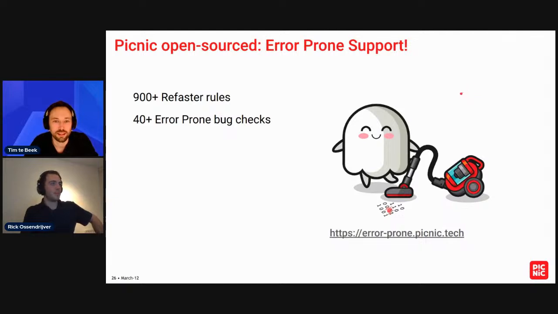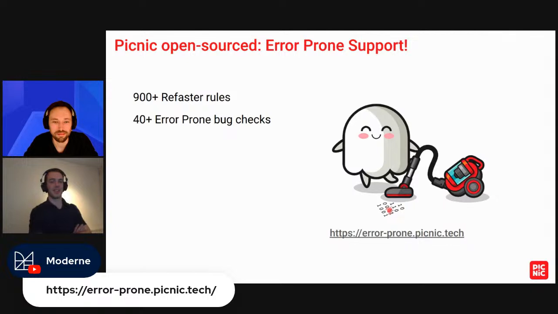Yeah. So as you might have guessed, because of this setup, we open sourced all the Refaster rules that we had. We started with building them internally, and at some point it was like, hey, we have so many extensions to ErrorProne and so many Refaster rules internally, which we think are of value, and we want to share them with the rest of the community.